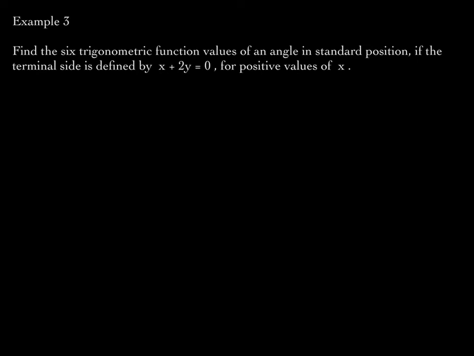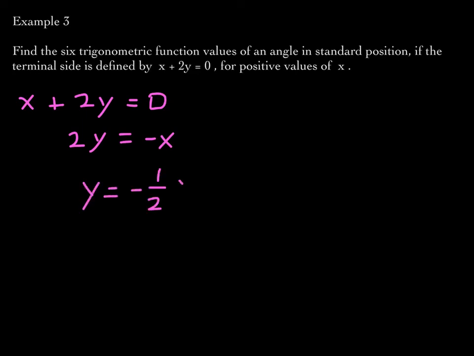Now, this equation that they've given us, x plus 2y is equal to 0, can be rewritten, if you like, in slope-intercept form. Remember, y equals mx plus b form. So I am going to rewrite this equation in slope-intercept form. There.